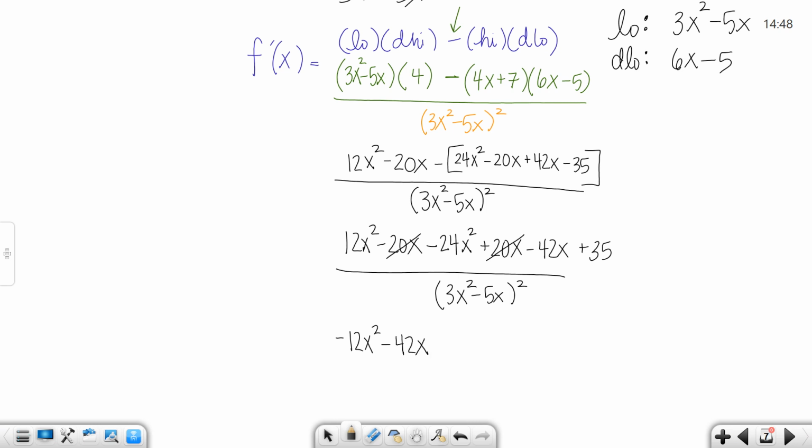I've already used the x squareds, used the 42x. So then I get a 35. And that's all over 3x squared minus 5x squared. And that would be the derivative using the quotient rule.